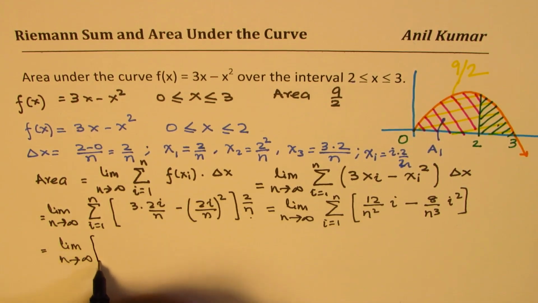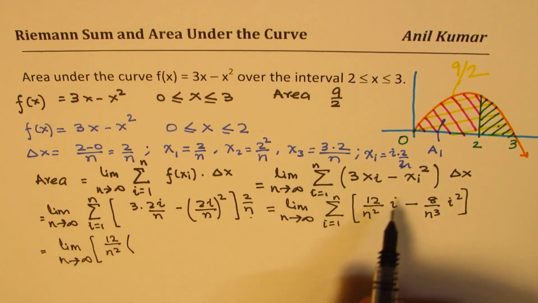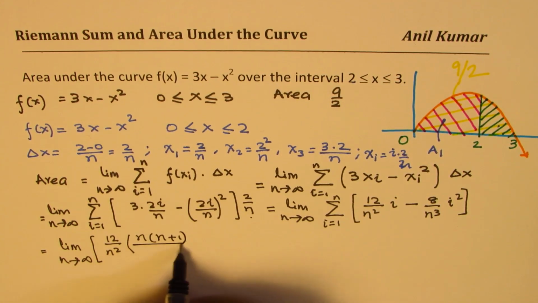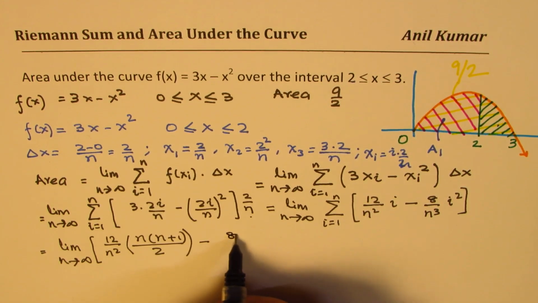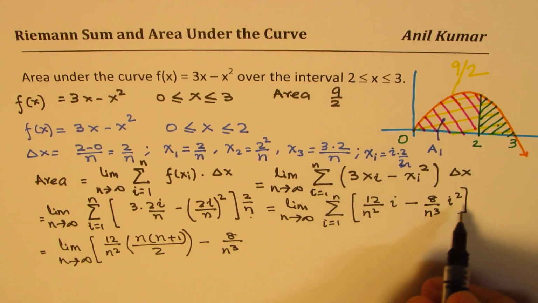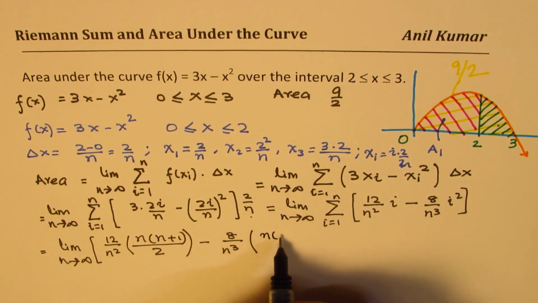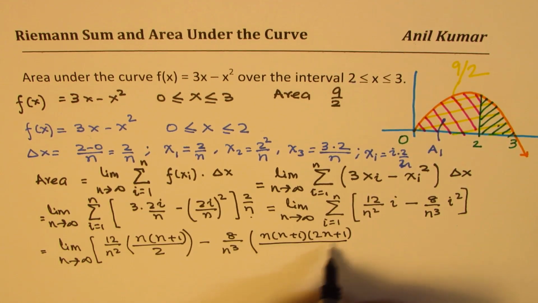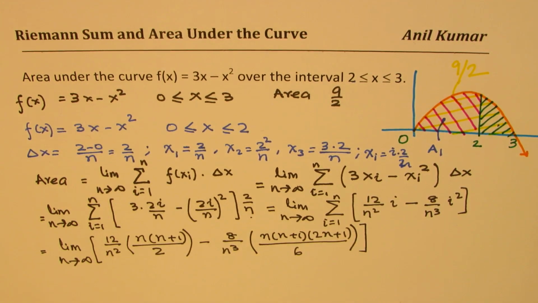So we get this as 12 over n square times sum of natural numbers, which I think we remember, minus 8 over n cube, sum of squares. Well, sum of squares is n times n plus 1 times 2n plus 1 over 6. Correct? Okay. So that's what we get.